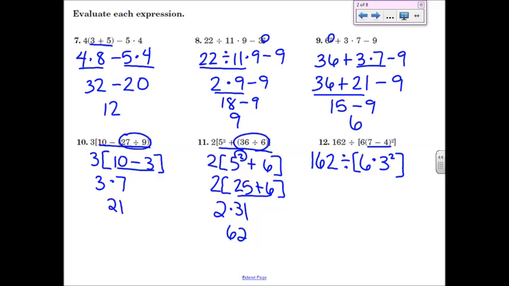Everything else stays the same if you're not on that step. And then inside those brackets, we've done parentheses. The next thing we do is exponents, which is that squared. So 3 squared is 9.